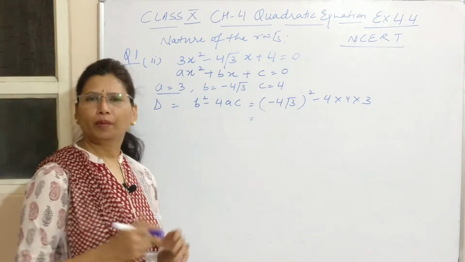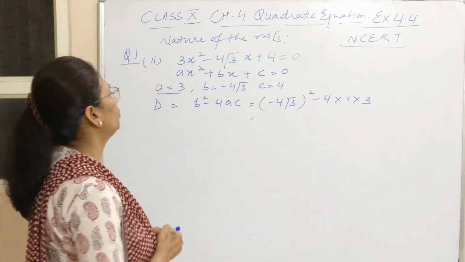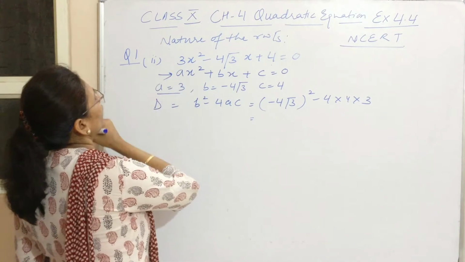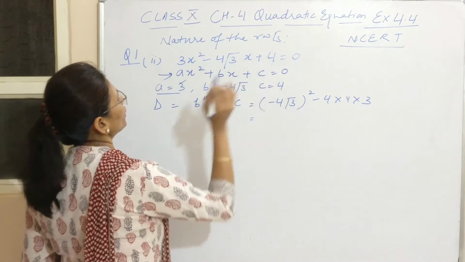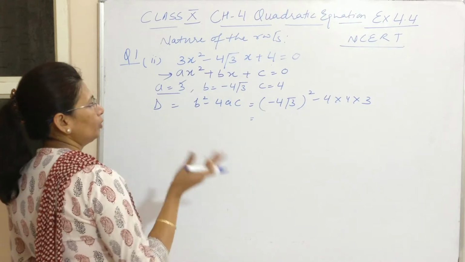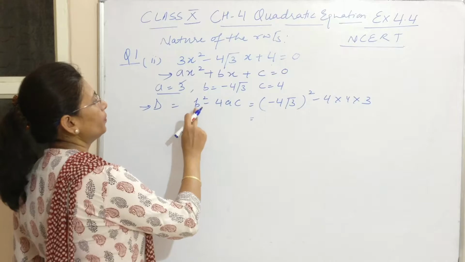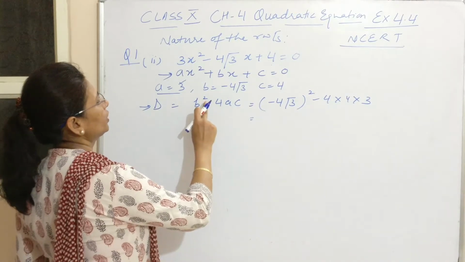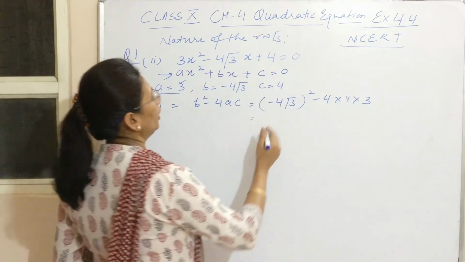Here in the second part, this is slightly different because we have one term containing a root. So we'll equate this with the quadratic equation. The value of a comes out to be 3, b is minus 4 root 3 and c is 4. As I told you, we'll find the value of the discriminant. The formula for the discriminant is b square minus 4ac. So we'll substitute for b, a and c.